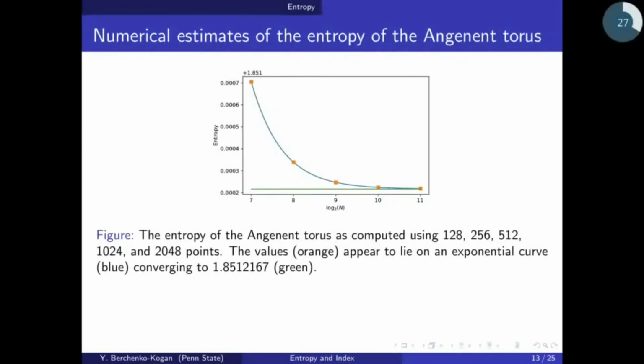So let's talk about my work in computing the entropy of the Angenent torus. I showed you the cross-section of the Angenent torus, so it's some sort of curve. Now we want to represent that curve approximately with a finite amount of data, so we just make lots of points along that curve. So we have a discrete curve that's approximating the continuous curve, a discrete cross-section approximating the continuous cross-section.